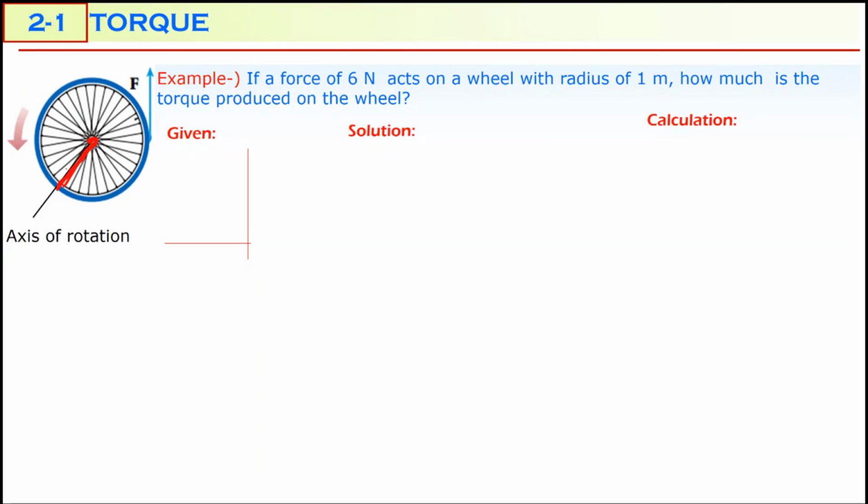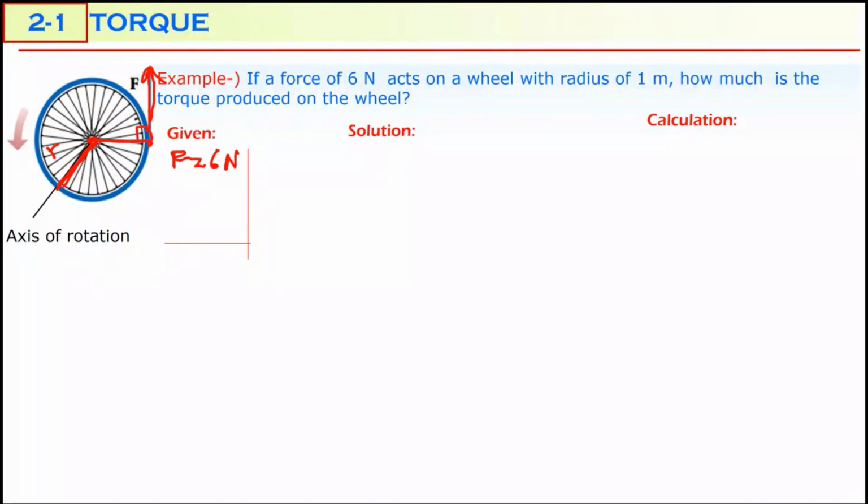That is r, and r is given as 1 meter. How much is the torque produced on the wheel? This force acts like this, as given in the picture, and this force is given as 6 Newtons. And this force acts over a distance d.